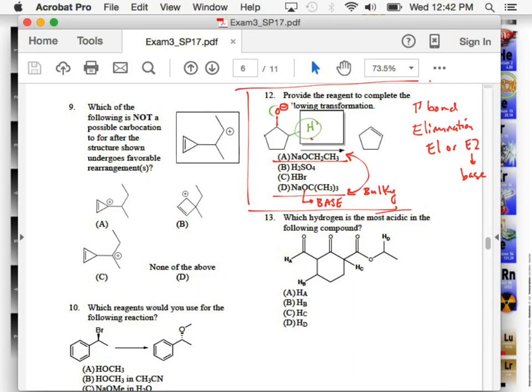Because if I then go through and try and remove the electrons, I have to kick those electrons onto the oxygen, meaning my leaving group is O minus 2. Minus 2. Okay? We can't count that high. If it's not 1 or 0, negative or positive, however you want to look at it, it's bad.